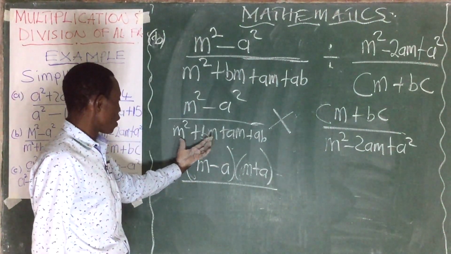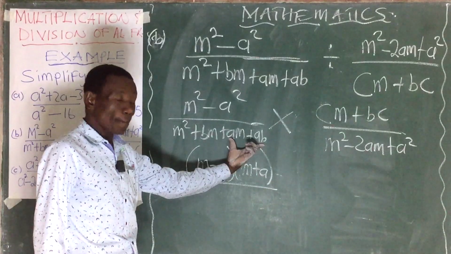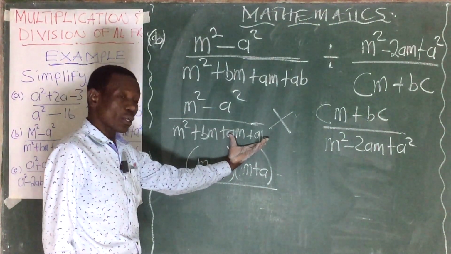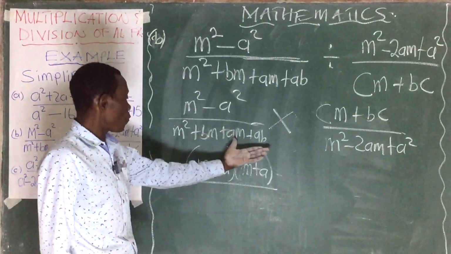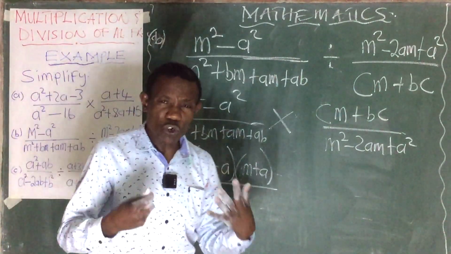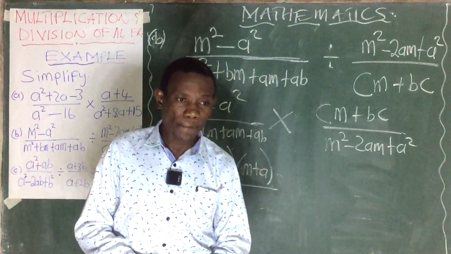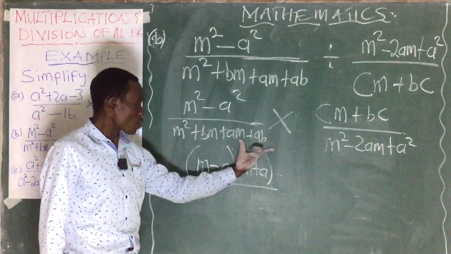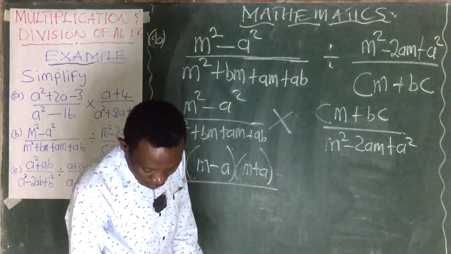You group these two terms, you group those two terms. So this is one group, this is another group. What do you do then? Find a common factor. In short, use the grouping method of factorization and try to factorize this expression down here.